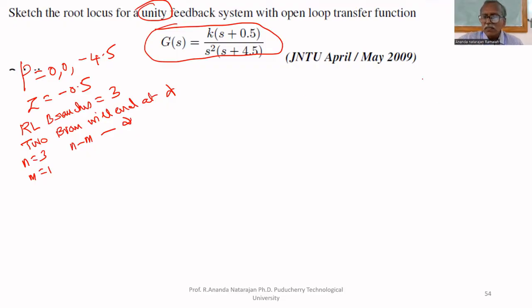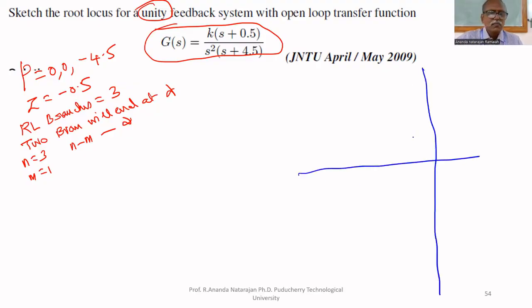Now we have to draw the root locus. Here we have to write sigma and j omega, then you have to write S plane. I didn't write these, but you have to write them.